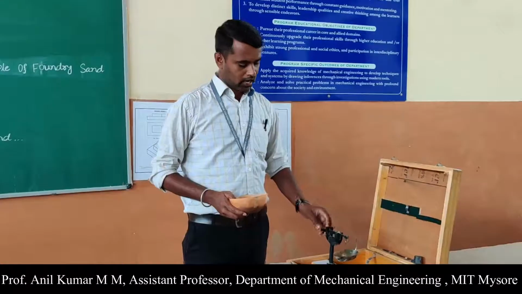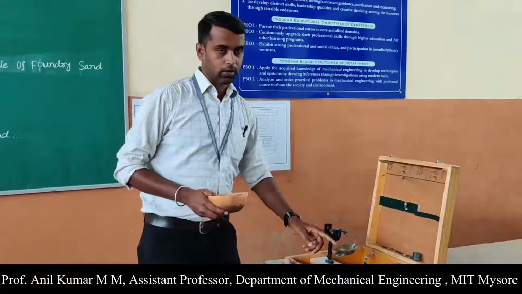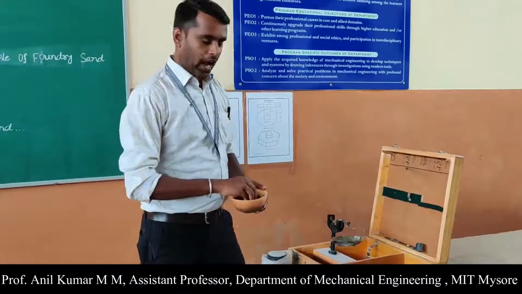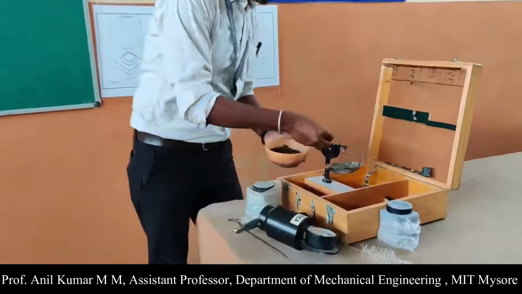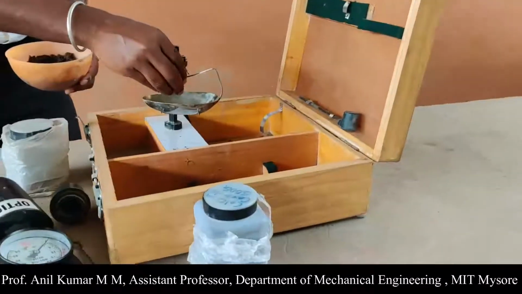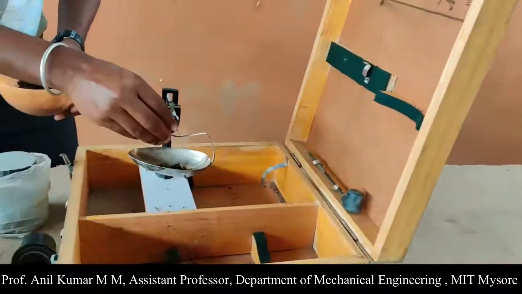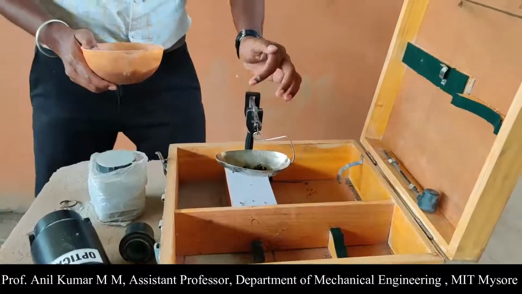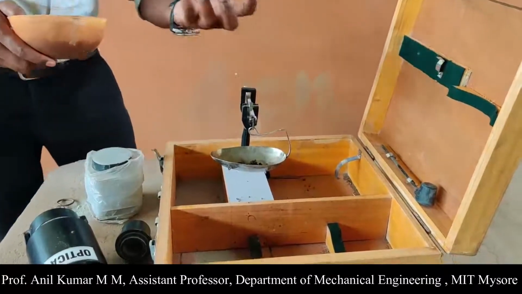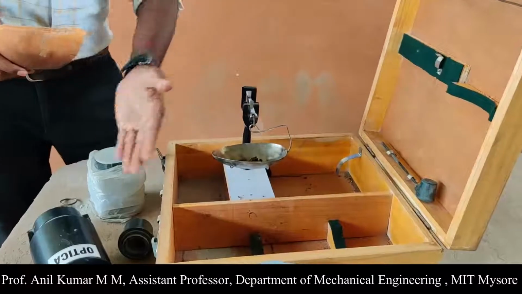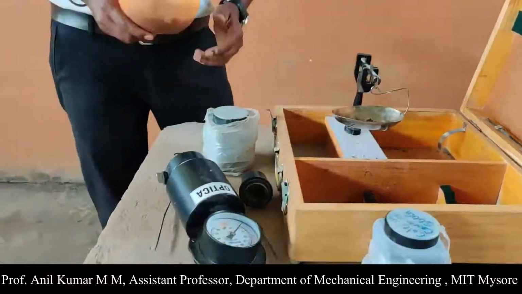This is the weighing scale, this is the dead weight, and the pan is provided. First, we add the wet sand into the pan, to measure the amount of wet sand to be added into the container.